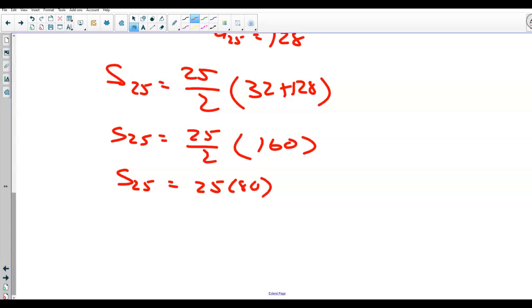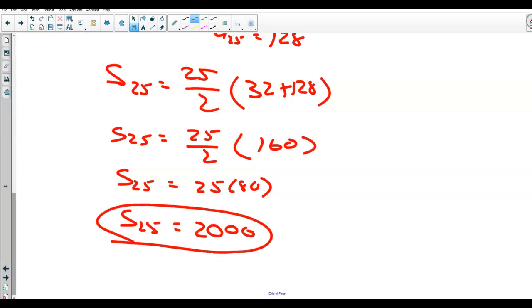So 25 times 80, I'll probably go to my calculator for that. 25 times 80, we get 2,000. So this theater would have 2,000 seats in it total. And that's your answer.